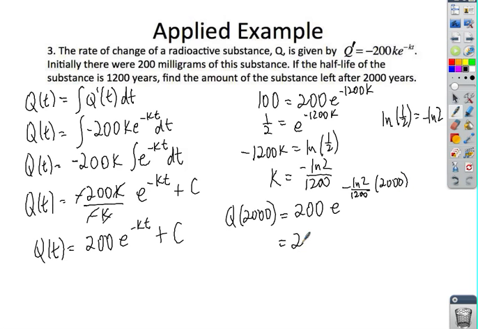This can be simplified to 200 e to the negative 5/3 ln 2. And when you punch that in your calculator, you should get 62.996 milligrams, which can be rounded to 3 significant figures as 63.0 milligrams.